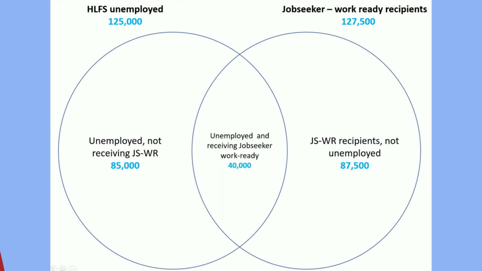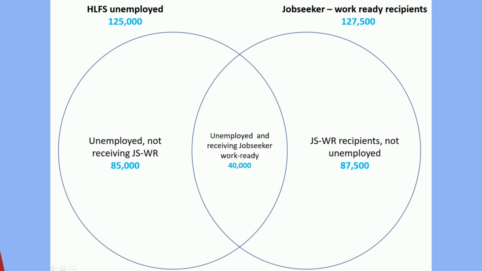So as you can see, even though the overall numbers look similar, the crossover between the number of people receiving the benefit who are unemployed and the people not receiving the benefit is quite small. We actually only have 40,000 people that are both unemployed and receiving job-ready assistance.